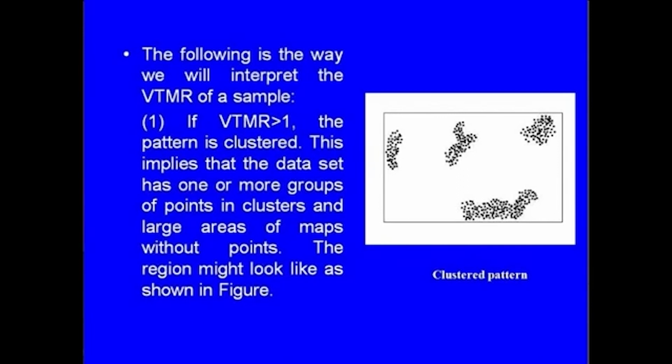This region might look as shown in the adjoining figure, wherein we find that the points are appearing in small groups, and in between the groups there are no points lying. This is what we call a clustered pattern.